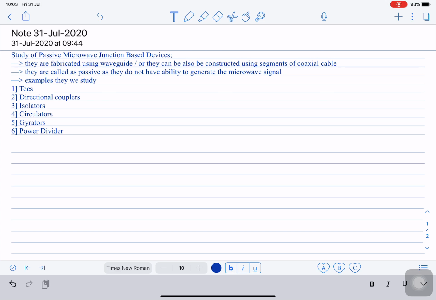Okay, so the arms are the pieces of a transmission line or the waveguides with which the junction device is fabricated. Okay, so the junction region is a common space where all the arms of the device are going to meet each other. So when we see a typical construction of passive junction based devices, these terms will be clear to you, right?